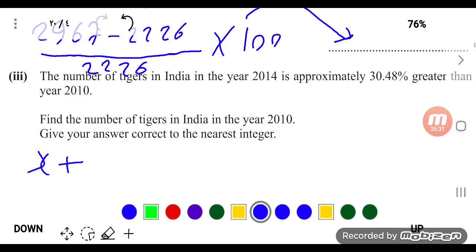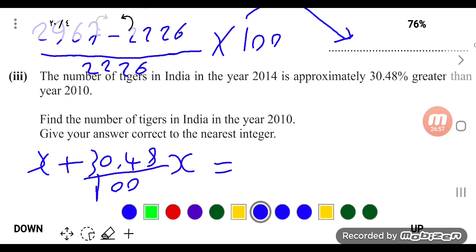So X plus 30.48 percent of X: original plus percent times original equals the new. What was it? Let's see.